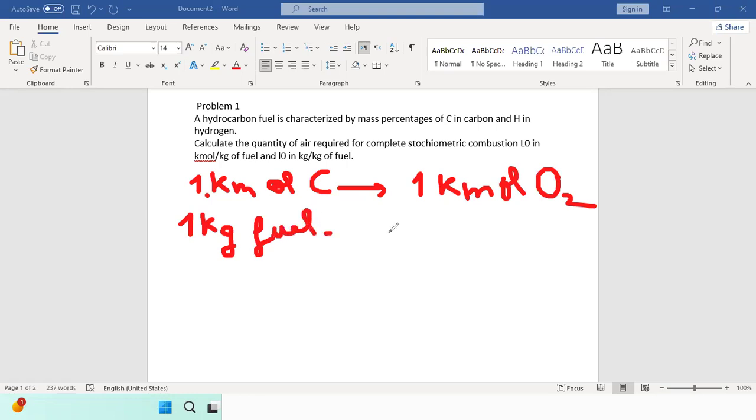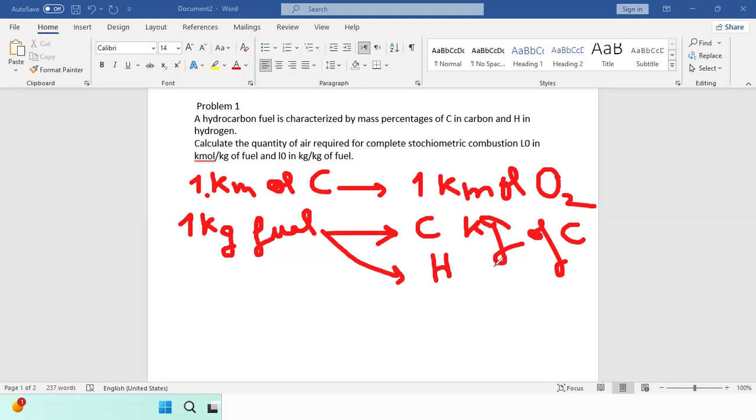So 1 kilogram of fuel will contain C kilogram of carbon and H kilogram of H. H or H2 is the same because when I talk about the mass of H or molecule H2 it will be the same at the end. What will vary is the number of kilomoles.